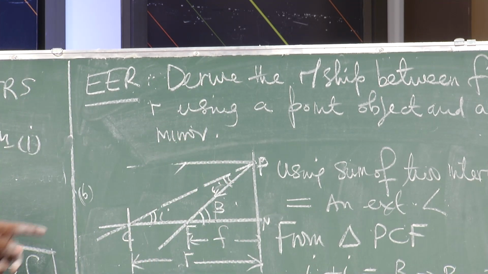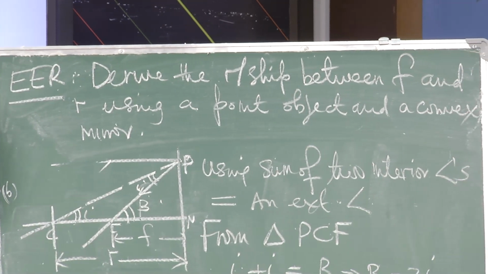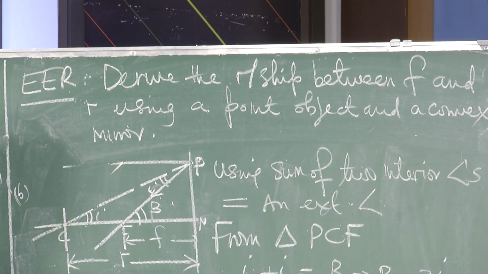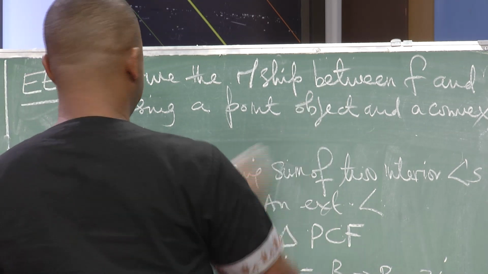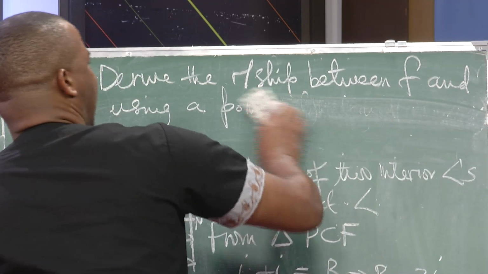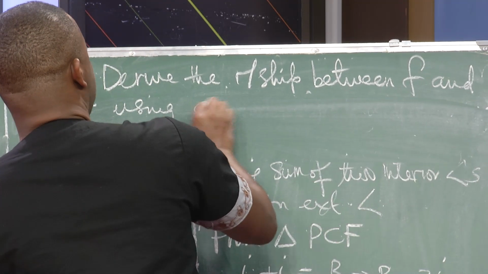A point object is, okay, you can use a distant object. We can consider using an object at infinity so that you don't get confused, but you can also use a point object. So let me say simply using a convex mirror. Let me not make your situation complex.